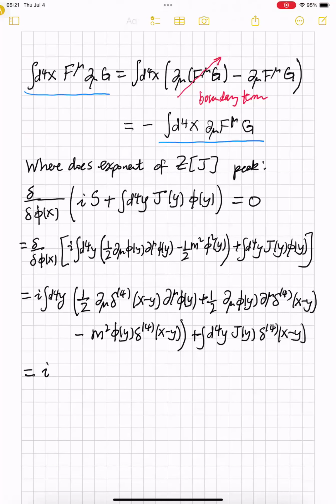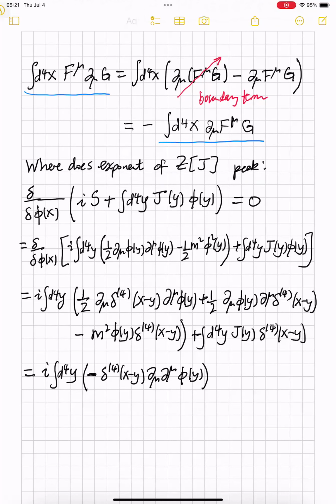So I'll have an i integral d4y. I'll add the two contributions, so the half will go. I need a minus because that's what our identity tells me. When I flip the derivative over, it costs me a minus. I've got a delta 4, x minus y, and now both derivatives act on my field φ because I have flipped the derivative over.